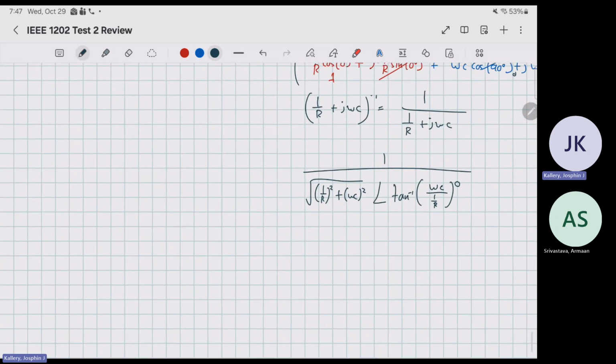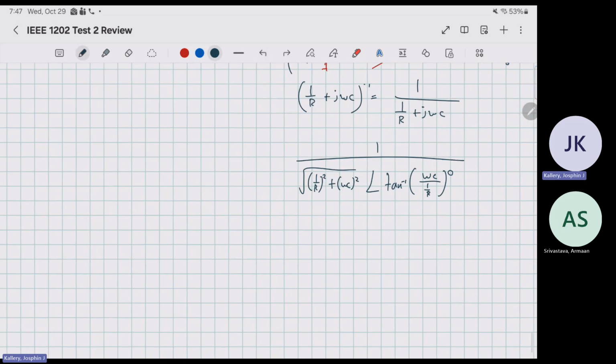Okay. Now remember, if you flip something over 1, that's the same thing as doing 1 over the radius and then just adding a negative to the angle. So that's what we're going to do. So we end up with our final expression of 1 over square root of 1 over r squared, right? I just expanded the square out, plus omega squared c squared, right?